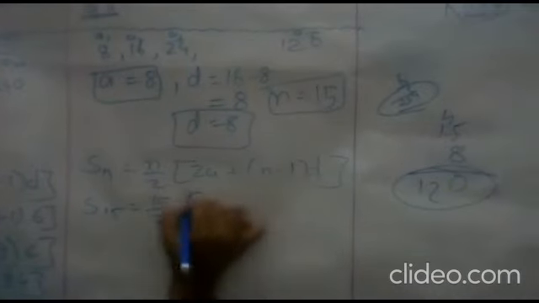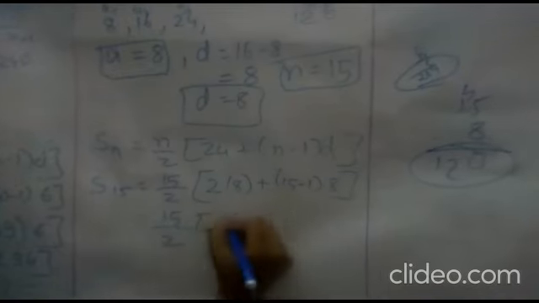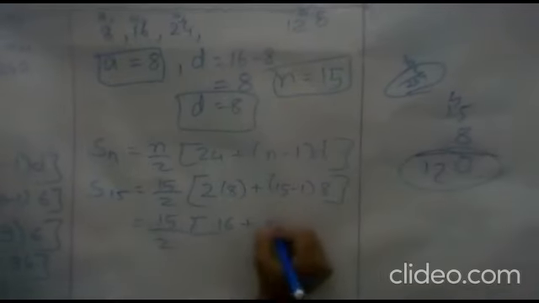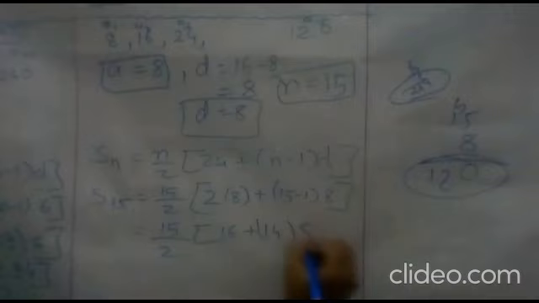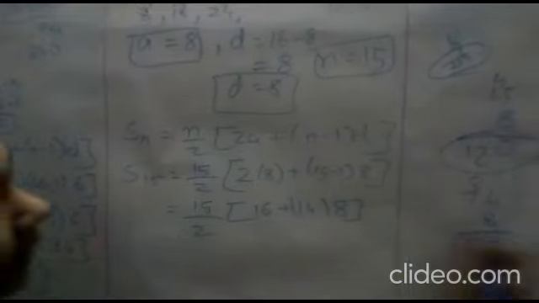15 by 2, into 2 into 8, plus 15 minus 1, into d. What is our d? 8. Okay, 2 is not divisible by 15, so we can write it as it is. Then 2 into 8 is 16, 15 minus 1 is 14, into 8. So 14 into 8 is equal to 112.